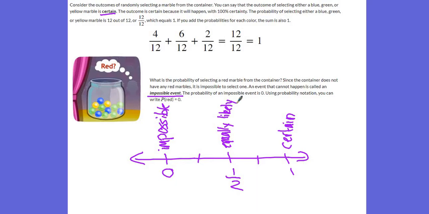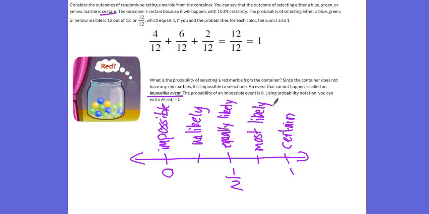If it landed somewhere around the 1/4 range, it is considered unlikely to happen. And if it lands somewhere around the 3/4 range, it is most likely to happen.